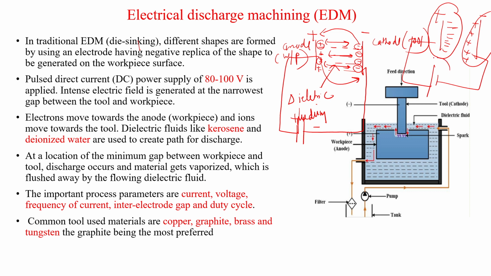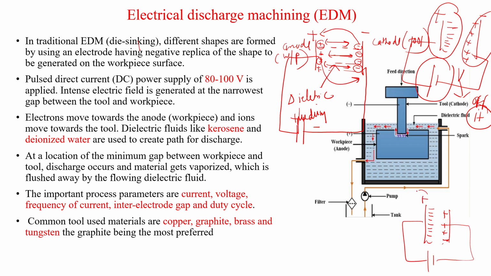Suddenly, we switch off the voltage supply. When we suddenly switch it off, here came all the negative charges because of the attraction, and here came all the positive charges.